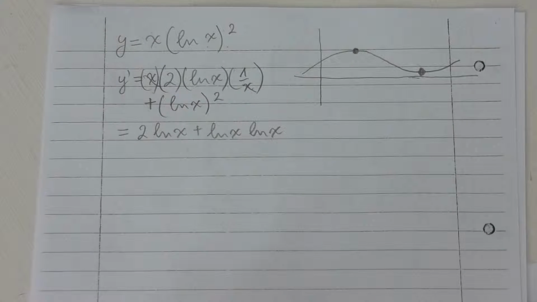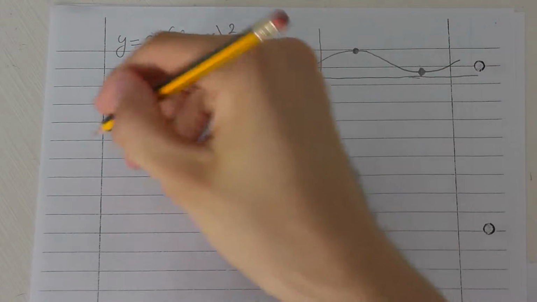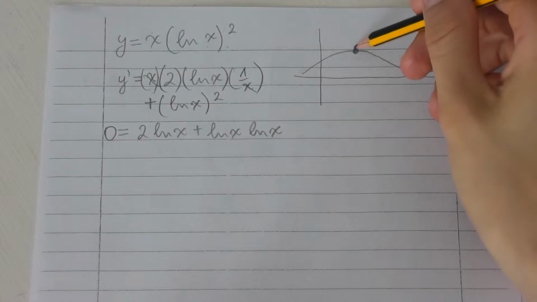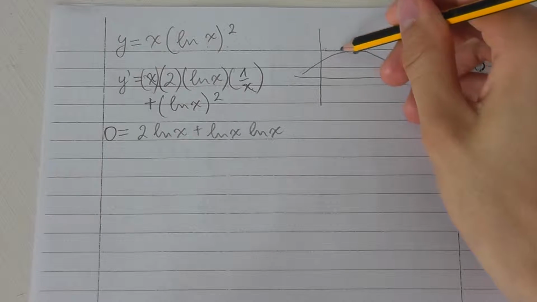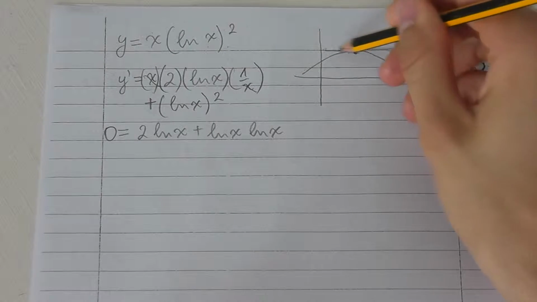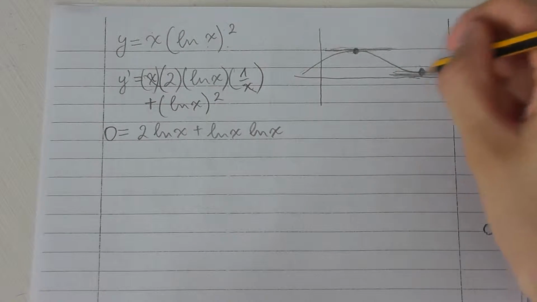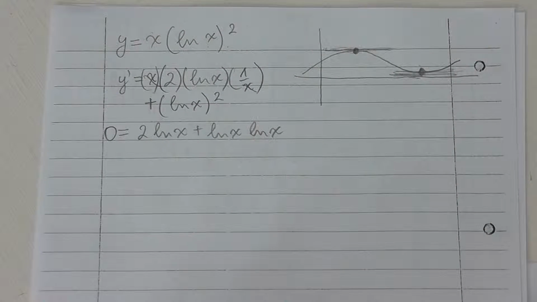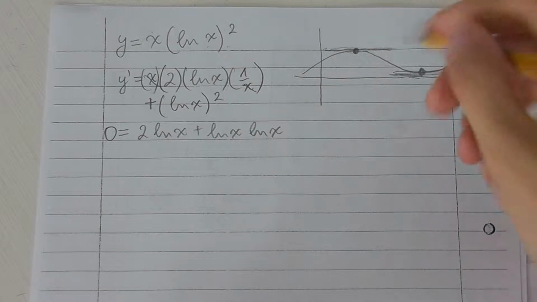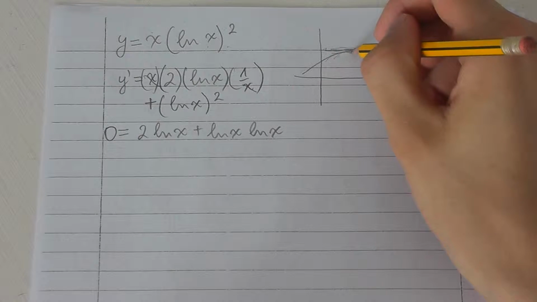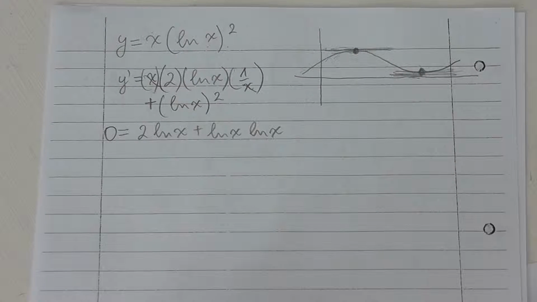Next thing that we do is we set this equal to 0, because where the first derivative is equal to 0, there is a maximum or a minimum, because the function at that point, not necessarily, but most of the time, changes slope from positive to negative.